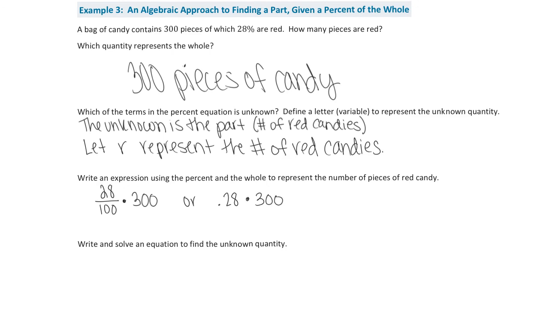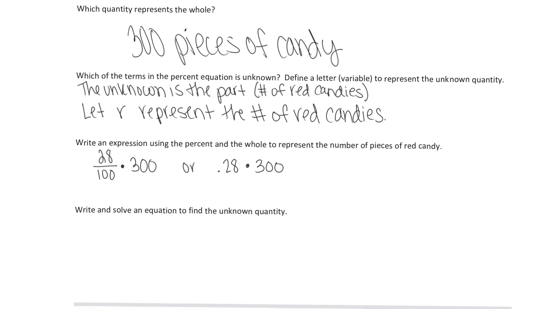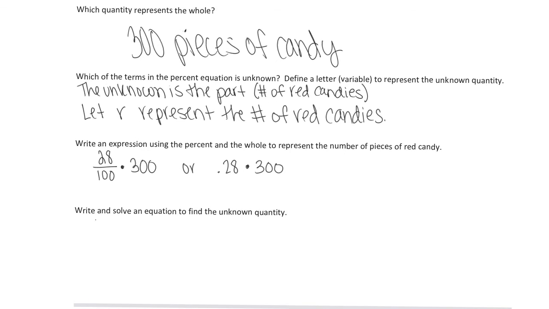Now, write and solve an equation to find the unknown quantity. We know that our part is equal to our percent times our whole. And we're going to let our part be represented by the variable r.